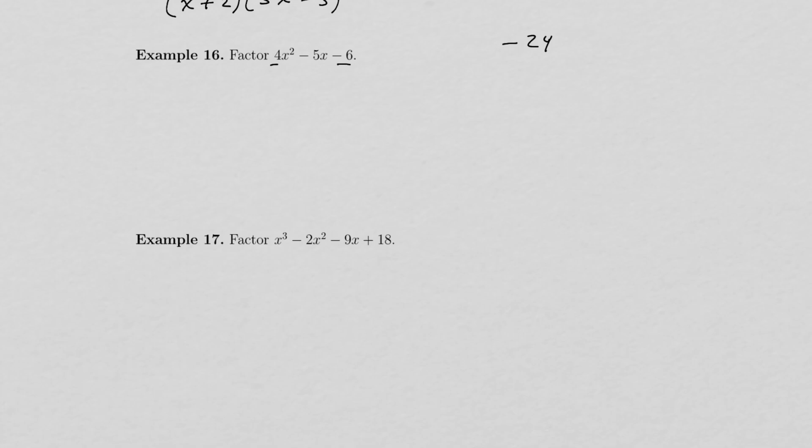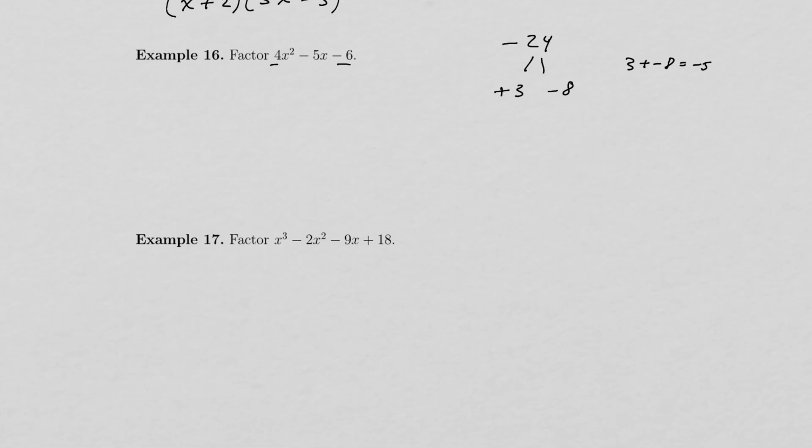Oh, 3 and 8, right? Will that work? Okay, if I do positive 3 and negative 8, that'll multiply to give me negative 24 and add to give me negative 5. Right, because I want these to add to give me the b term, the middle term, negative 5, the coefficient of the x.